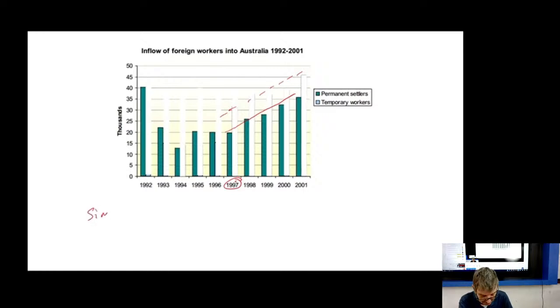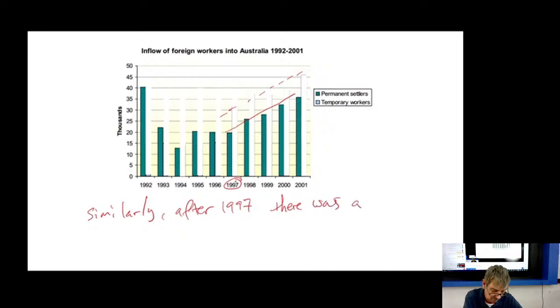So we use similarly. After 1997, there was a what. So now we're describing this. What was there? How can you describe that? Have a little think.